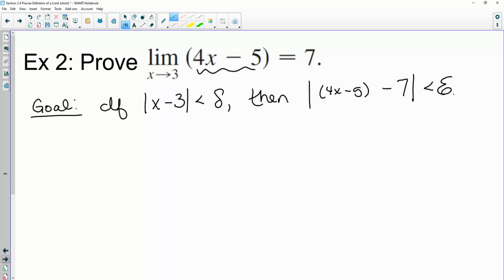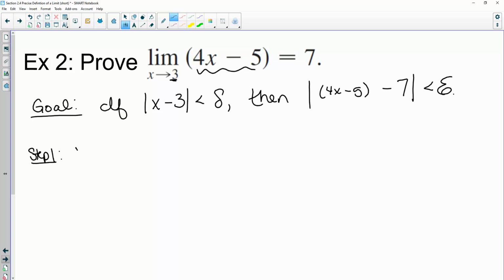Okay, so I plugged in my a, which is the number x is approaching, my f of x, which is my function, and my L, what the limit is equal to. That's what I have to prove. Wait, what did you say a was? The number we're approaching.